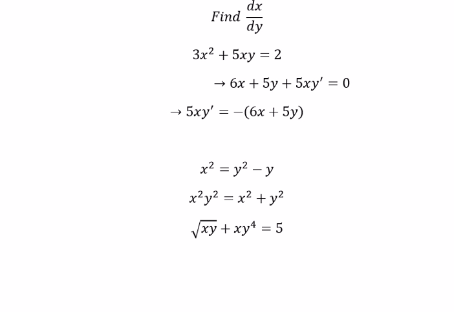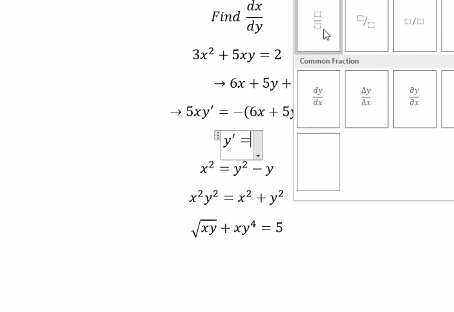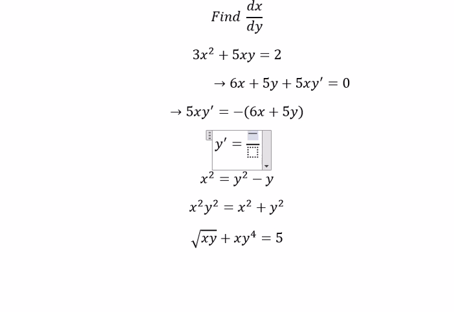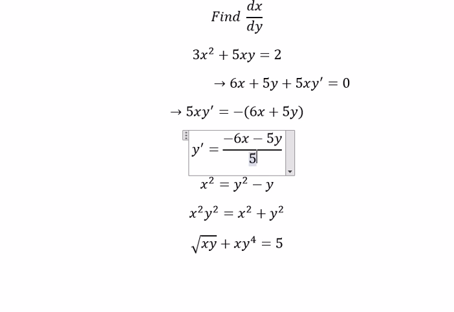Next, to find the derivative of y, we just divide both sides by 5x. We have negative 6x minus 5y, divided by 5x, and we have just finished the first one.